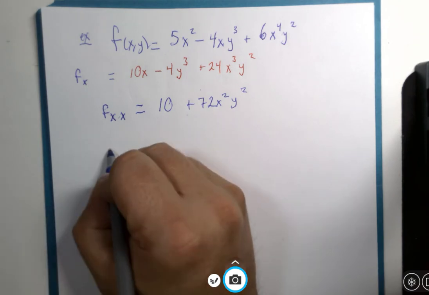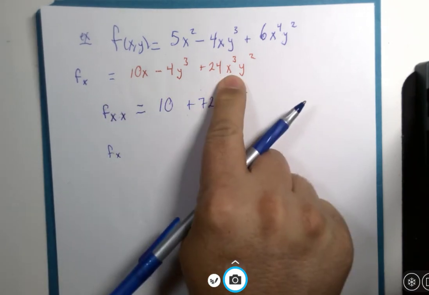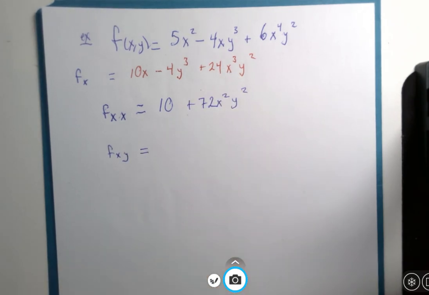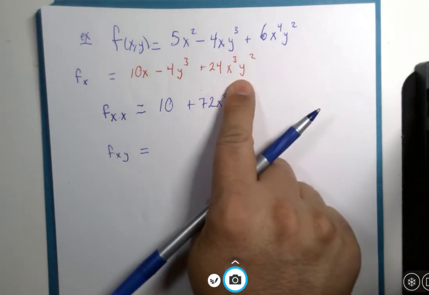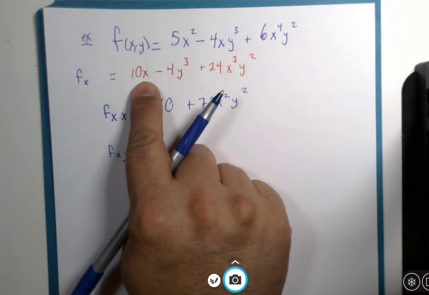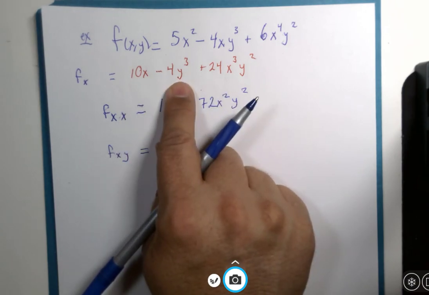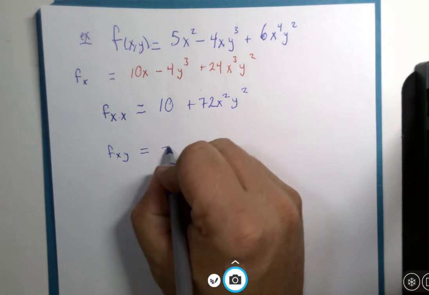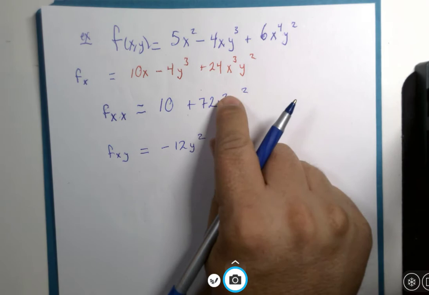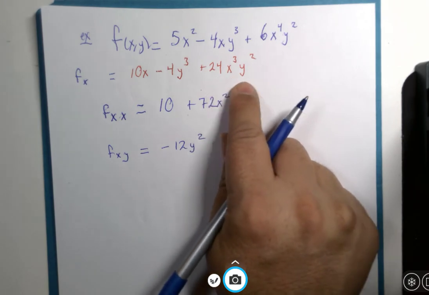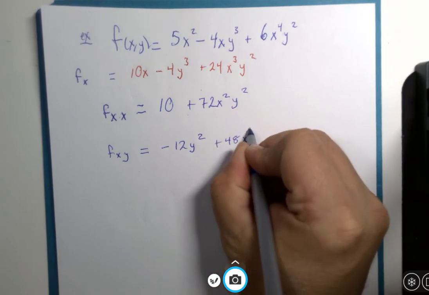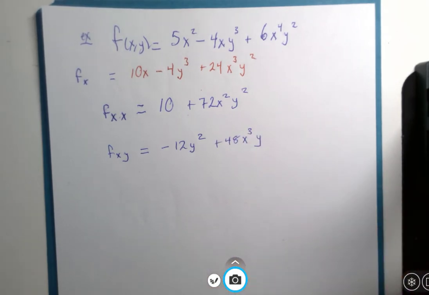Now if I started with this x derivative and then decided to take the y partial derivative afterwards, so I'm starting here and then I'm going to take the y derivative, the derivative of 10x would be 0, and this would be negative 12y squared, and x is not the variable but y is the variable, so 2 times 24 is 48 x cubed y to the first.